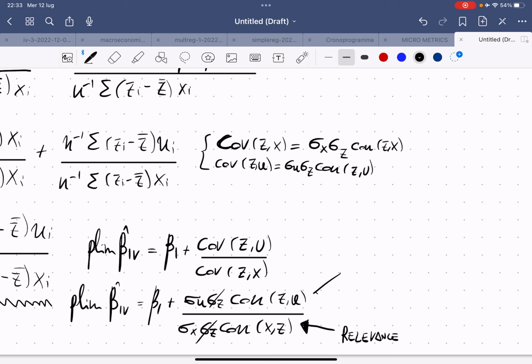In the numerator we see the place where the exogeneity assumption works, because obviously if it is not equal to 0, it will lead to an inconsistent estimate.